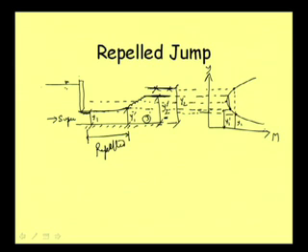The jump has been repelled by this much amount by a gradually varied flow profile, which can be H3 or M3, based on whether the slope is horizontal or has some mild slope. So depending on the slope of that particular bed, we can have an H3 or M3 profile by which the flow will be repelled, and that jump is called a repelled jump.